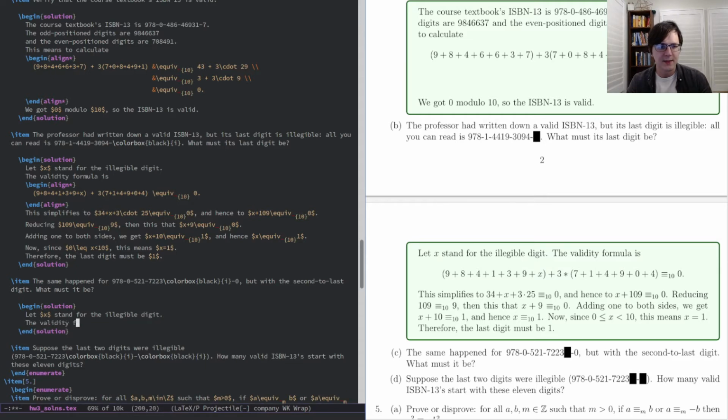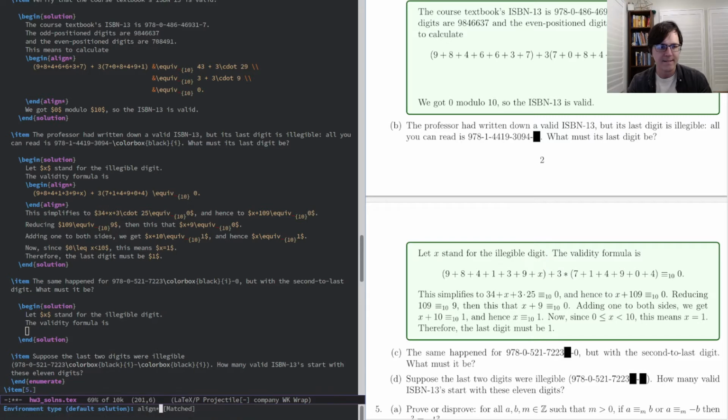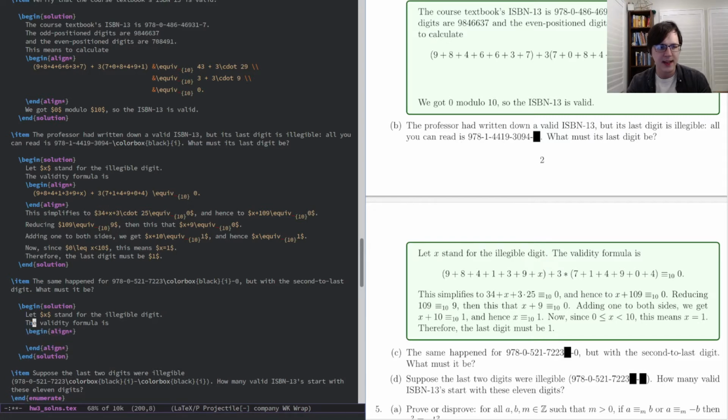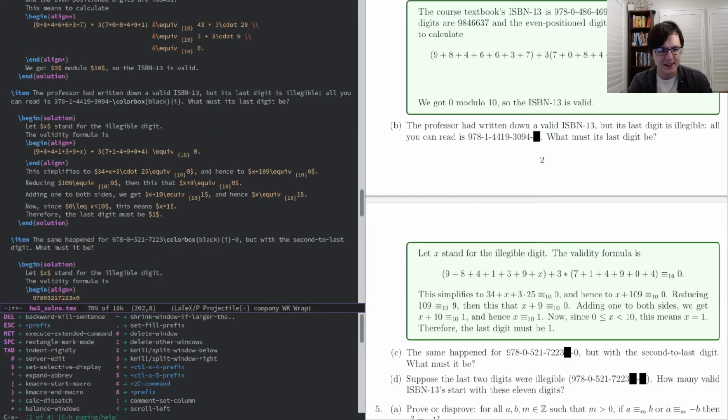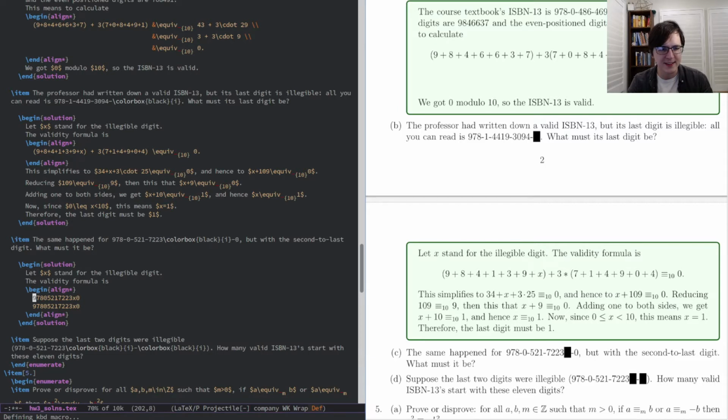The validity formula is, let's take our number. Change that to an x, remove the hyphens, copy it, go through this thing again. Curious about doing a macro. Nah. Well, yeah, I'm going to try. So Emacs lets me do macros.